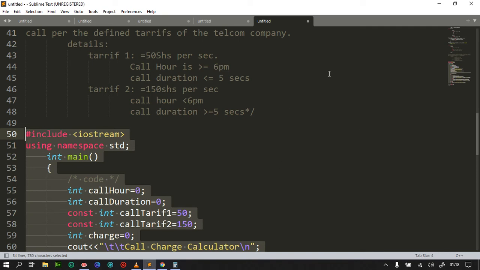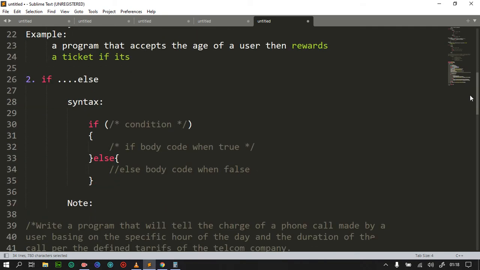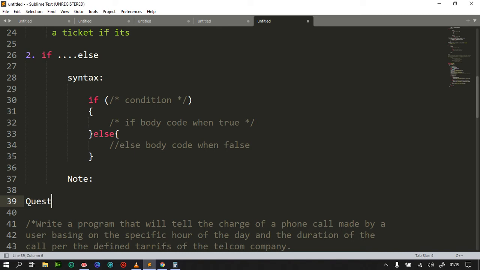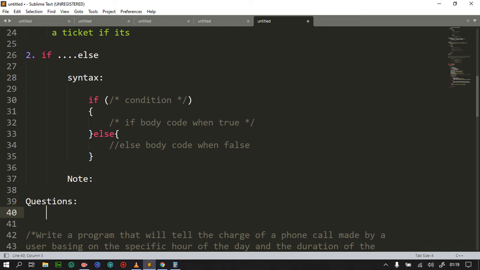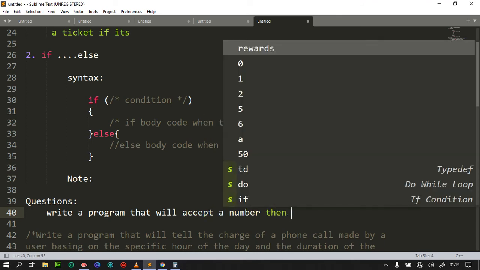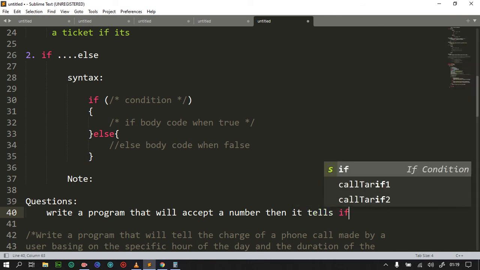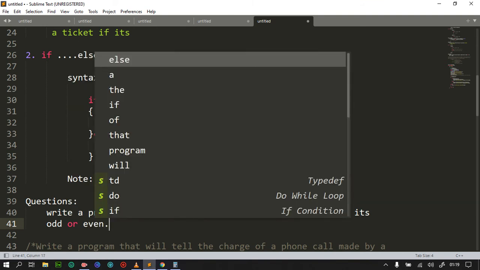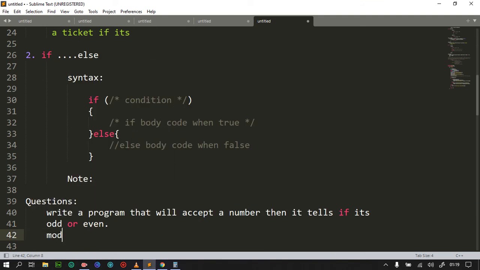Are we together? So back again, up here I'm dropping more programming assignments. So question 1, write a program that will accept a number, then it tells if it's odd or even. So if it's odd or even, then that is question 1.